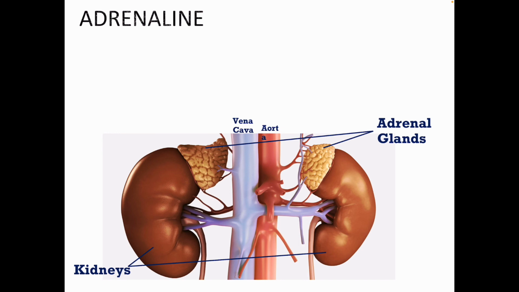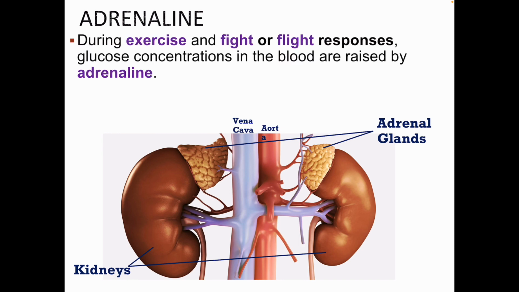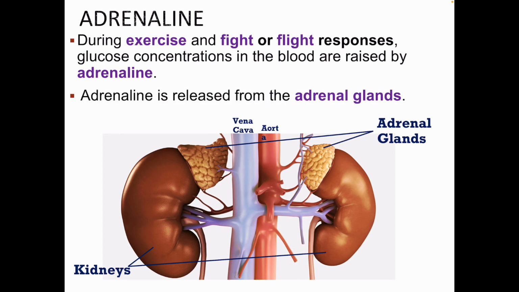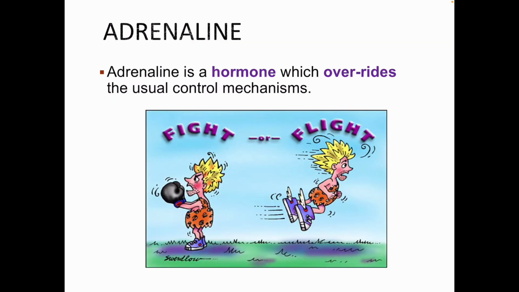Adrenaline also has a role to play in helping to control blood glucose levels. During exercise and fight or flight responses, adrenaline increases glucose levels in the blood. Adrenaline is released from the adrenal glands, which sit just on top of the kidneys. So adrenaline overrides the normal blood glucose control mechanisms.